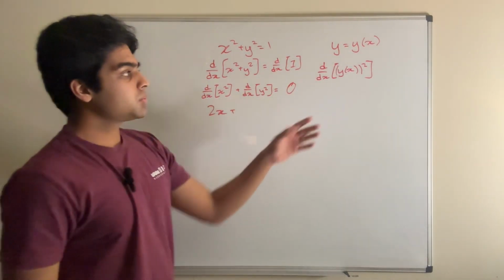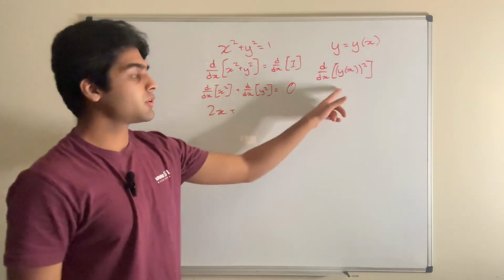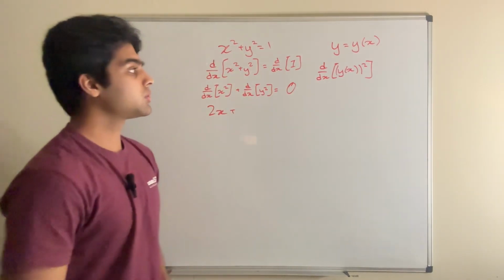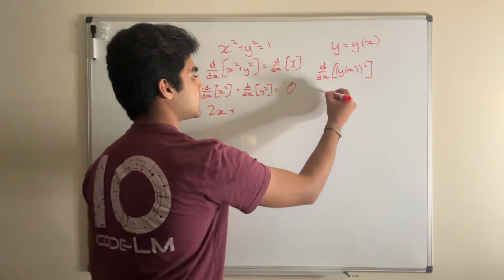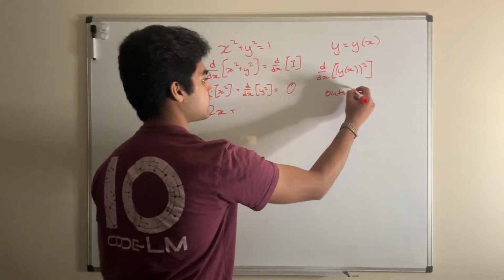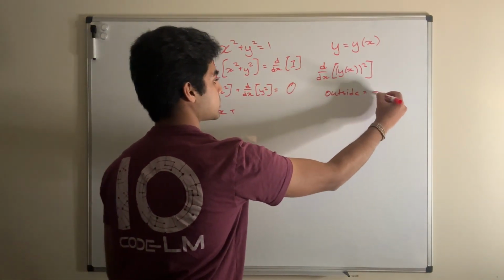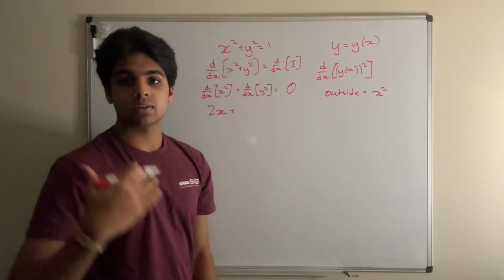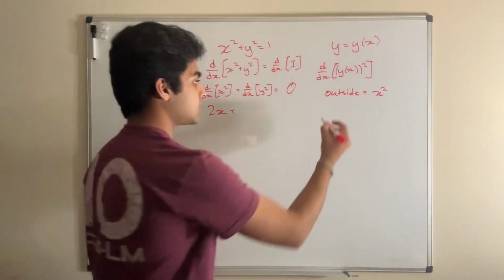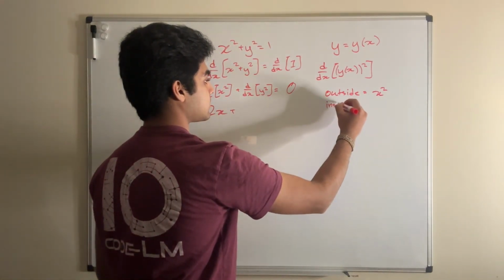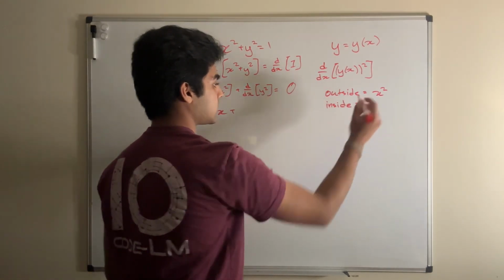Now we can just apply chain rule to this, because it's a function inside of a function. Our outside function in this case is going to be something squared, and our inside function is going to be y of x.